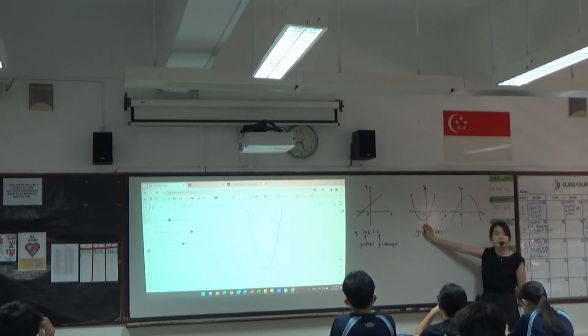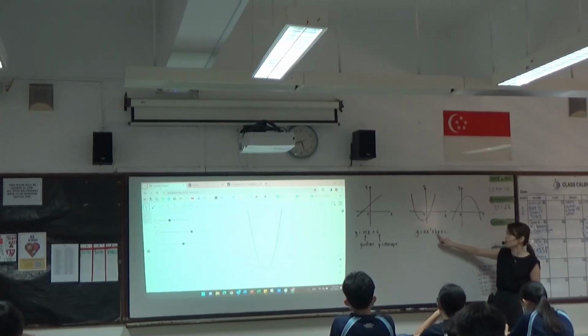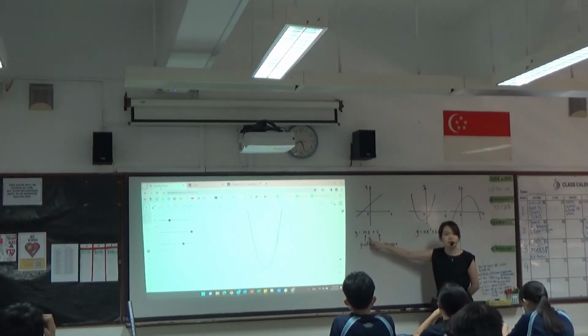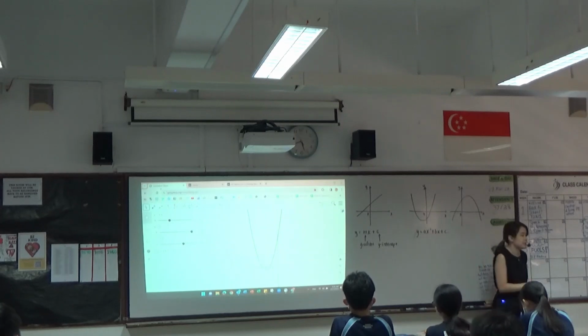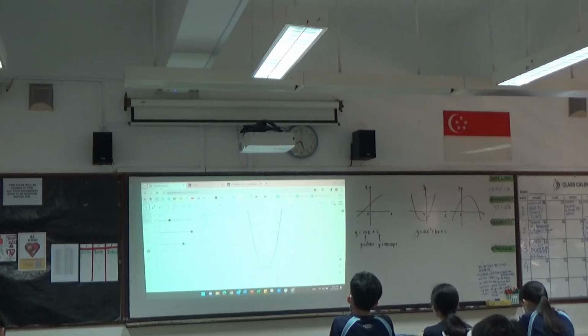Essentially there's nothing over here, and that results in y equals bx plus c, which is no different from a straight line equation. So for a quadratic function, in order to have the x squared, your a cannot be equal to 0.